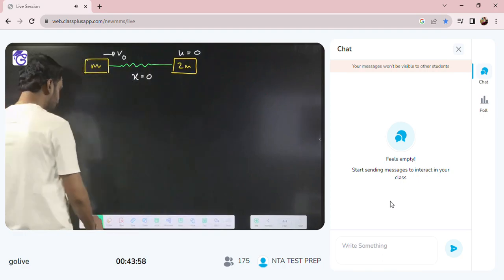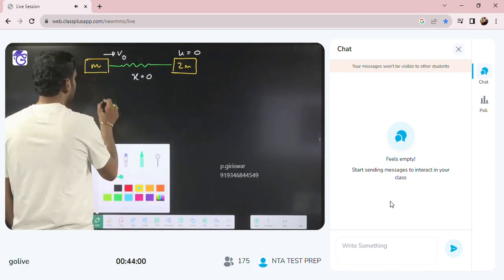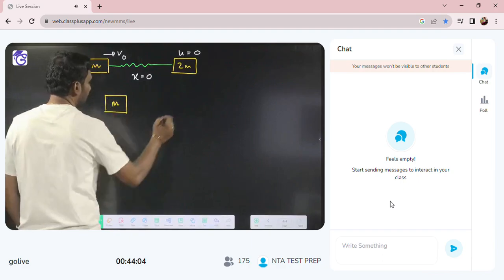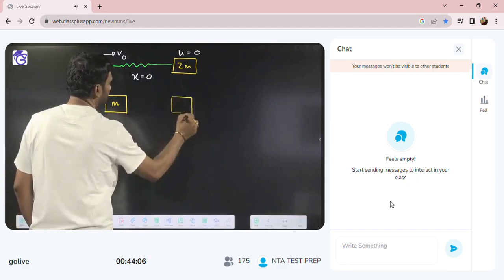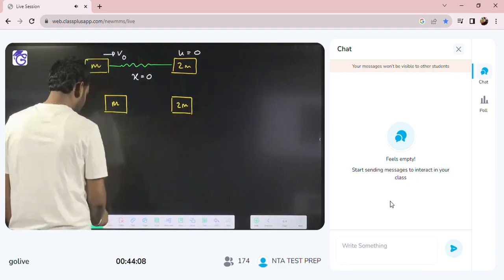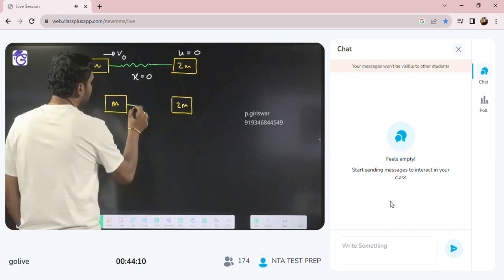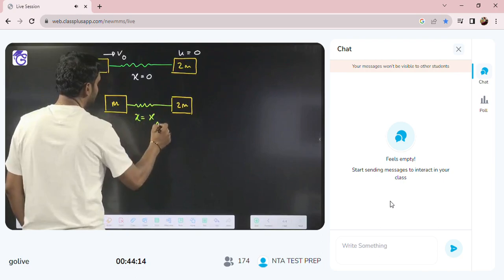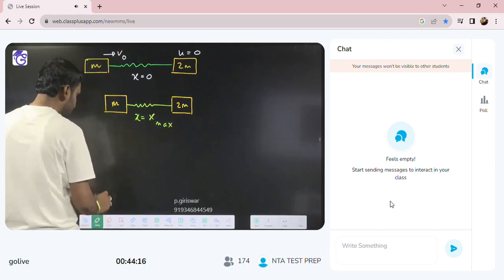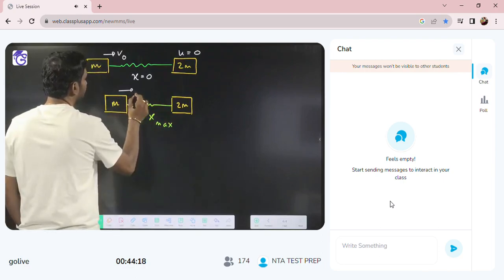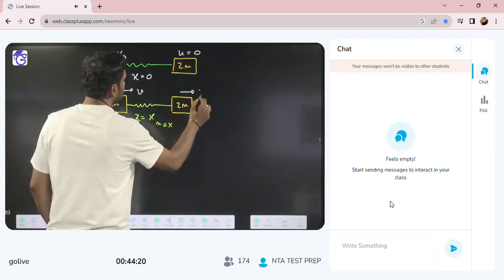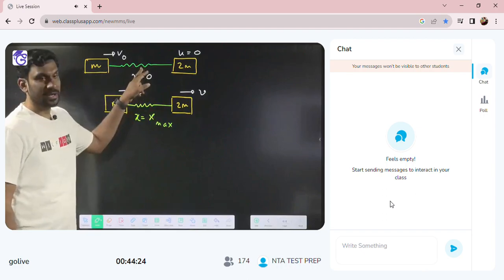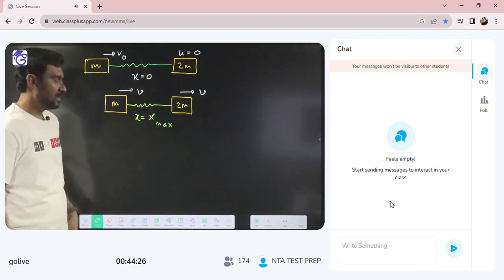Then I said that we will get a situation where compression in the spring is maximum, so x is equal to x maximum. At this instant, both of them are moving with the same velocity. These are the two situations: when compression is 0, and when compression is maximum.